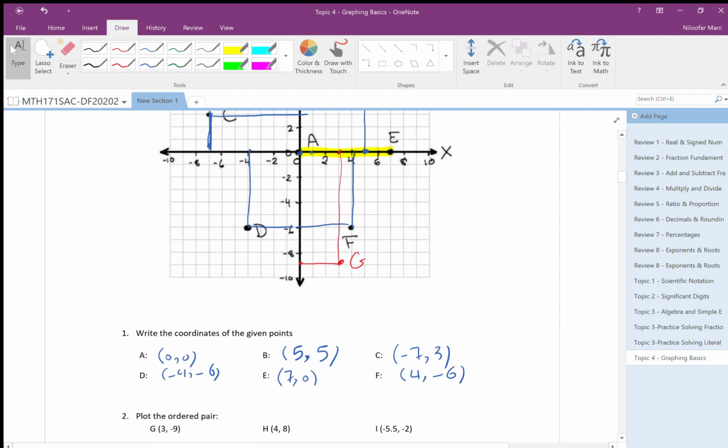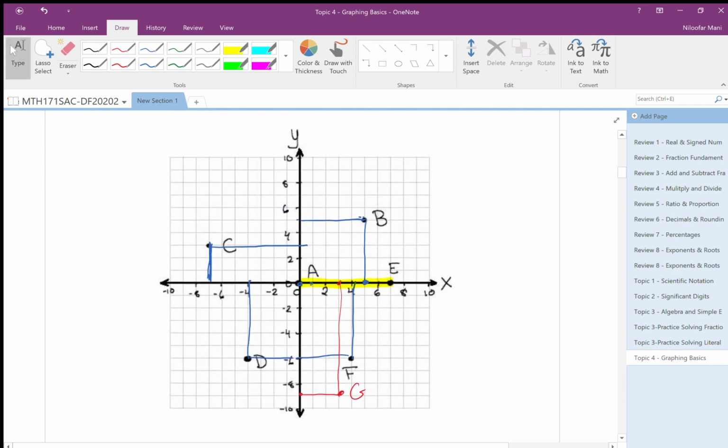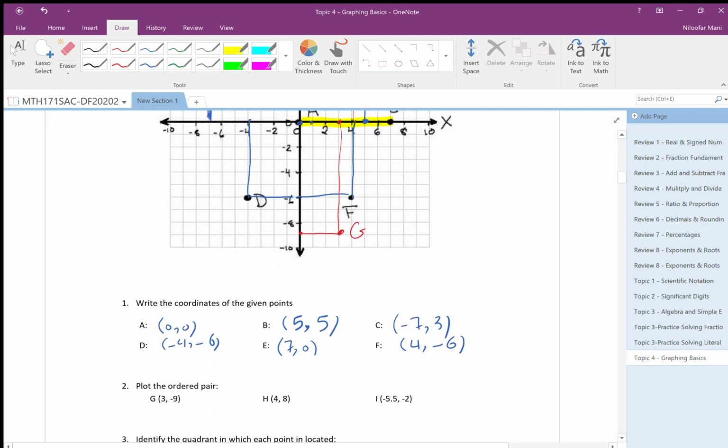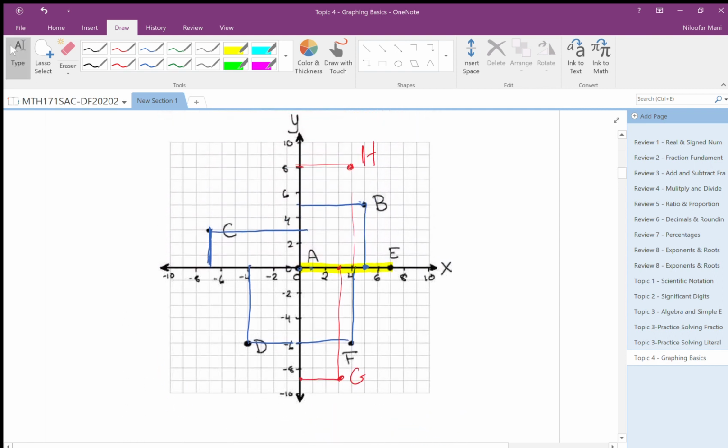How about the next? 4 and 8. I find 4 on the x-axis, I find 8 on the y-axis, and then I make a perpendicular line. H. The last one is -5.5 and -2.